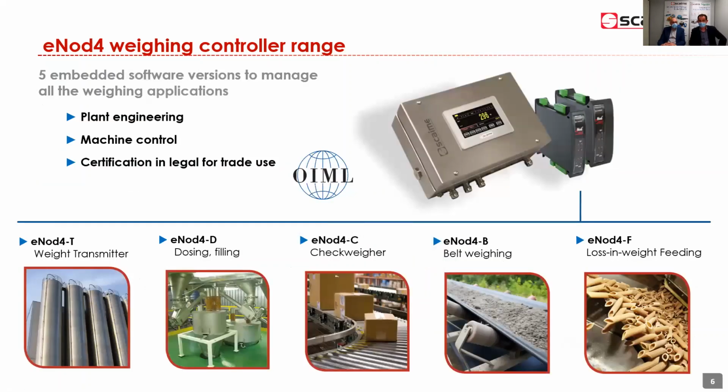So this module is not just a transmitter. You can use it as a transmitter with the eNod4T version, but it also offers a great choice of specific firmware for a large range of weighing applications, like dosing and filling, the eNod4D, eNod4C with checkweighing applications, eNod4B for continuous weighing on belt, and eNod4F for loss in weight filling.